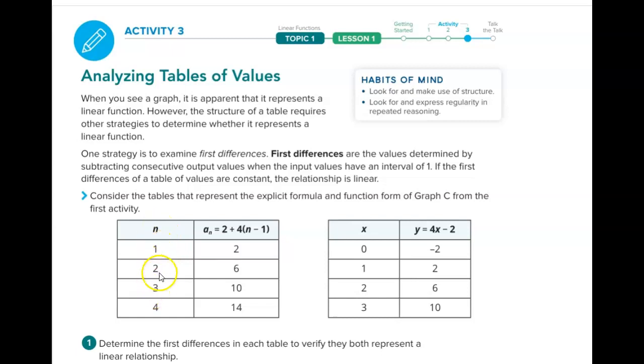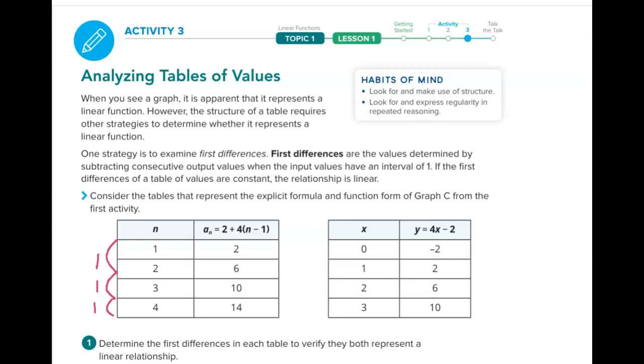So if you're looking at the input values and you see that the numbers are consecutive, which means they're integers that are right next to each other on the number line, like 1 and 2. If all of the input values are consecutive, from 1 to 2 is 1 step, from 2 to 3 is 1 step, from 3 to 4 is 1 step.